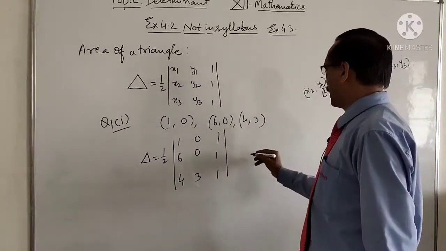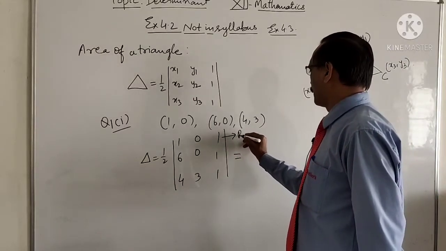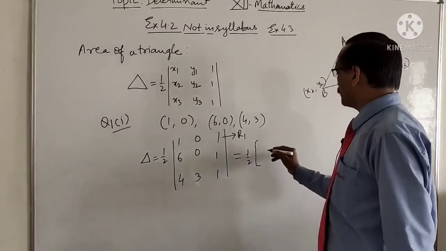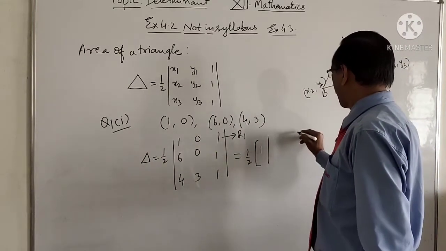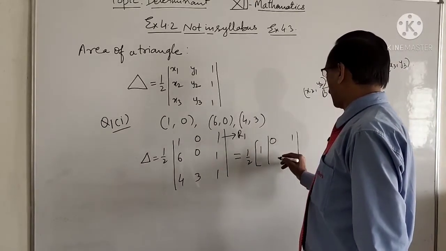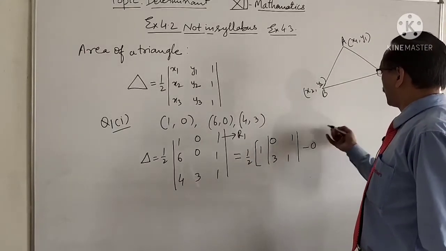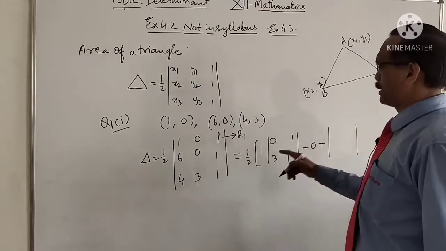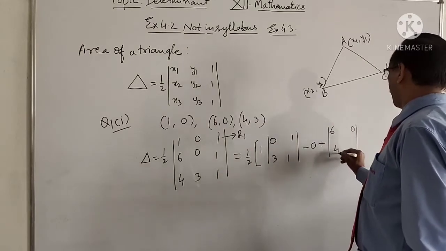Now we expand it with respect to R1. Then it is 1 upon 2, 1 times the determinant 0, 1, 3, 1 minus 0, then it will be 0 plus 1 times the determinant 6, 0, 4, 3.